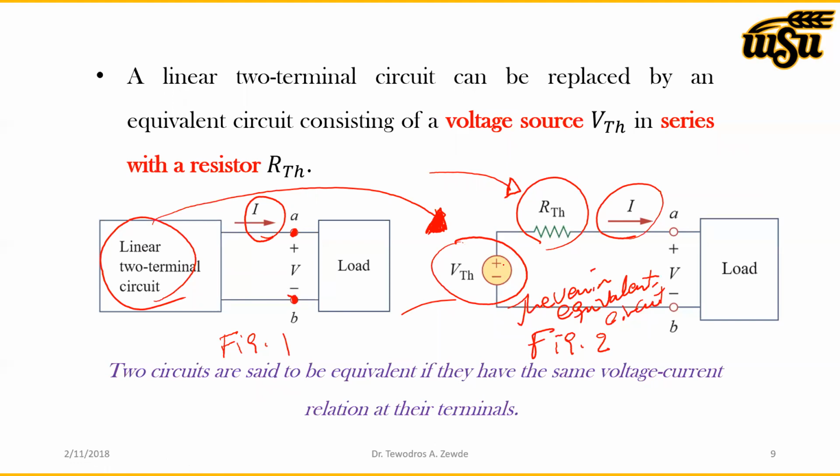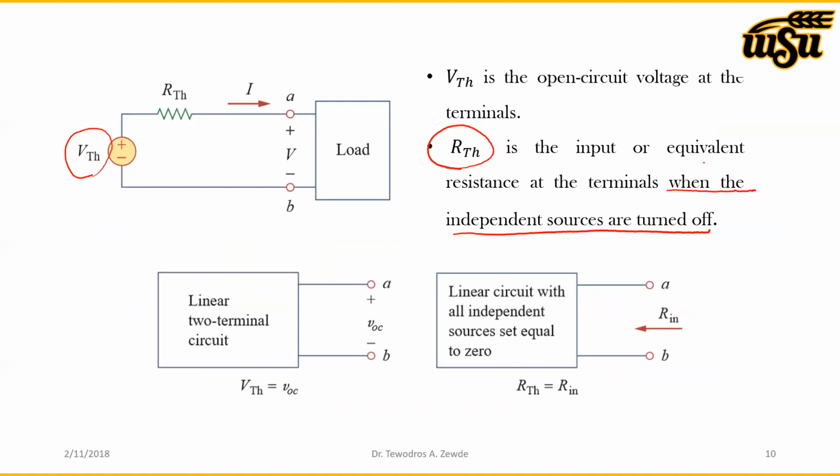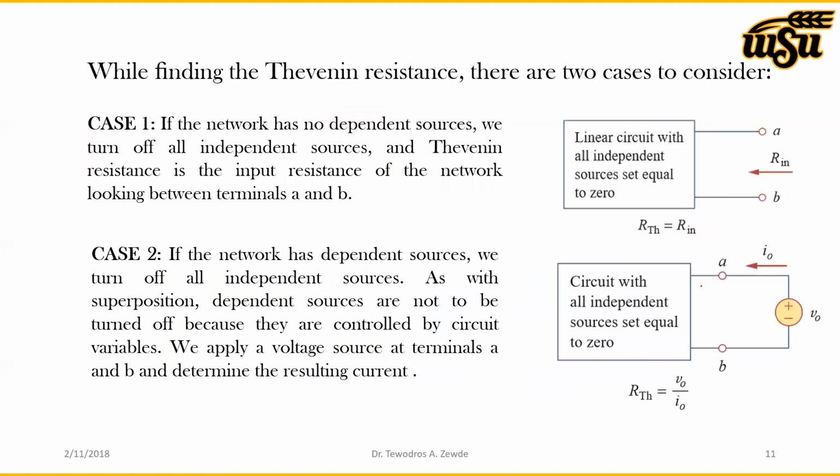So this is the Thevenin equivalent circuit of this network. To determine those two things, VTH and RTH: for VTH, we have to leave the terminal open and solve for VAB. And for RTH, we have to remove all the independent sources, replacing the voltage source by a short circuit and the current source by an open circuit, and then solve for RTH.